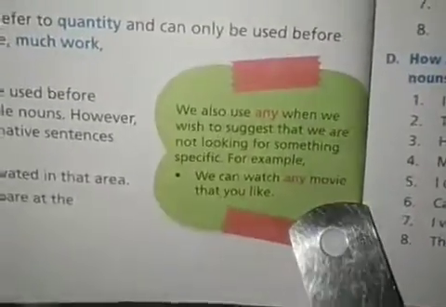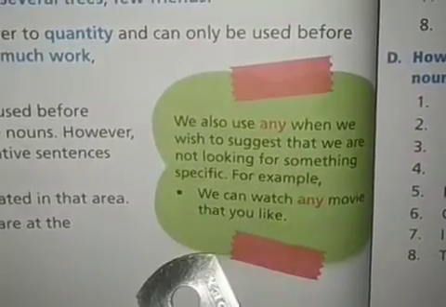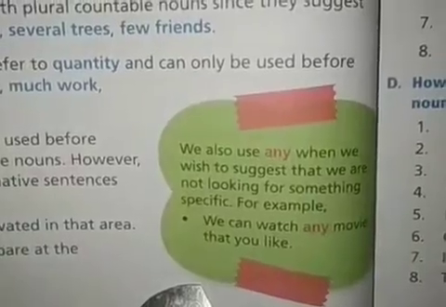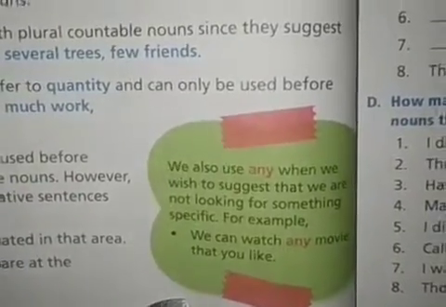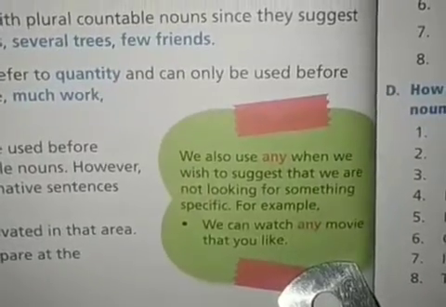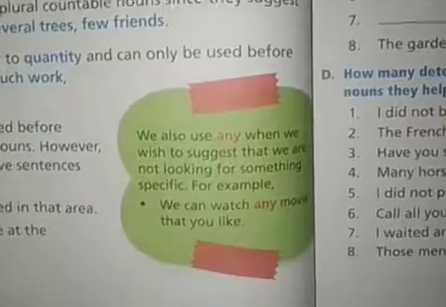Okay, now look, there is some notice. We also use any when we wish to suggest that we are not looking for something specific. Okay, जब हम किसी specific चीज के बारे में बात ना कर रहे हो, तब हम any use कर सकते हैं. Okay, for example, we can watch any movie that you like. So we are not talking about any specific movie.